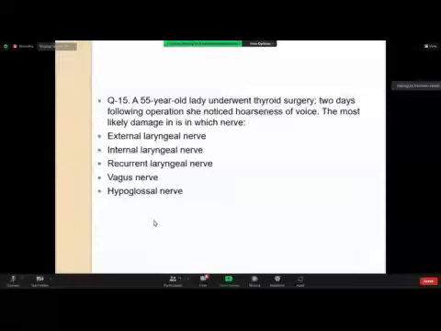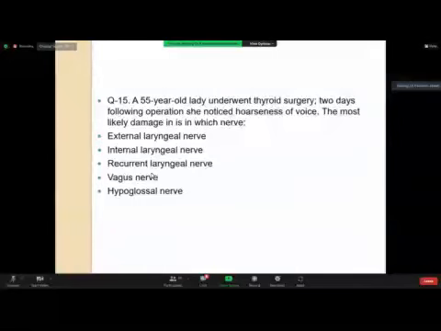A 55-year-old lady underwent thyroid surgery. Two days following the operation, she noticed hoarseness of voice. The most likely damage is to which nerve? Recurrent laryngeal nerve. Good. Because the recurrent laryngeal nerve supplies all the muscles of the larynx.